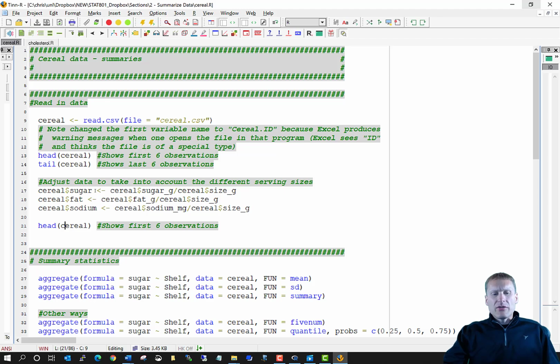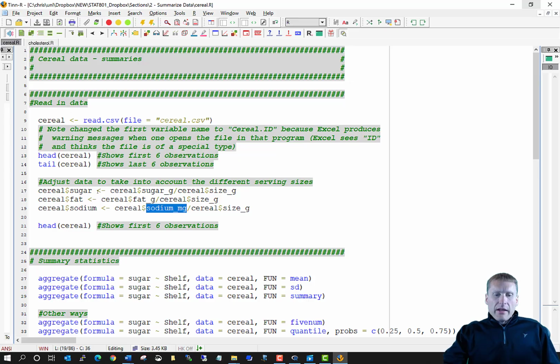So to take that into account, I'm going to take the sugar values and divide them by the serving size. We'll also do that for fat, and for sodium as well. Do note that sodium is measured in milligrams.